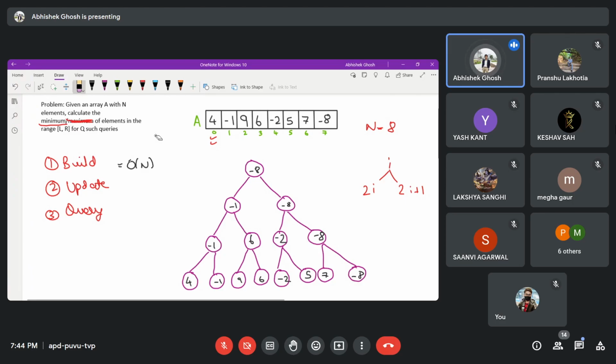So if I want to update the value at some index, let's say index 3. Let's quickly write down the indices: 0 to 7, 0 to 3, 4 to 7, 0 to 1, 2 to 3, 4 to 5, 6 to 7.